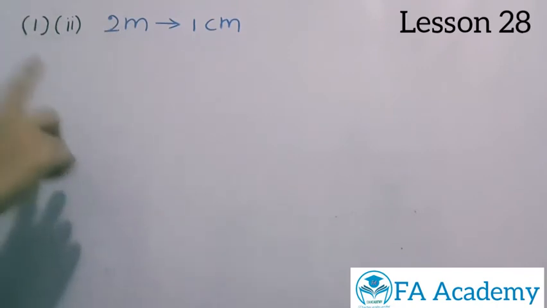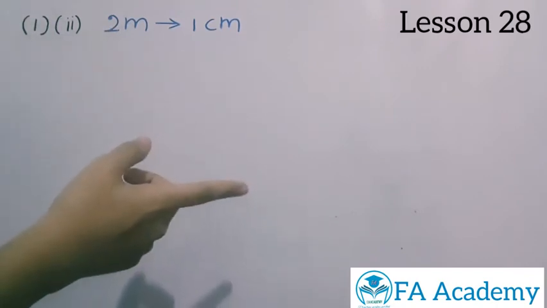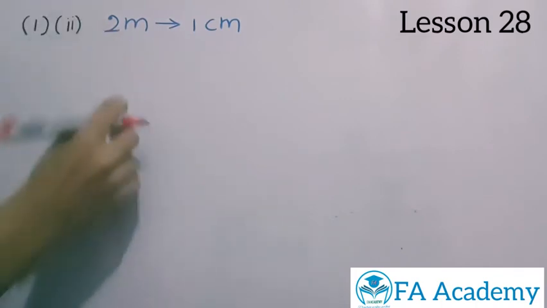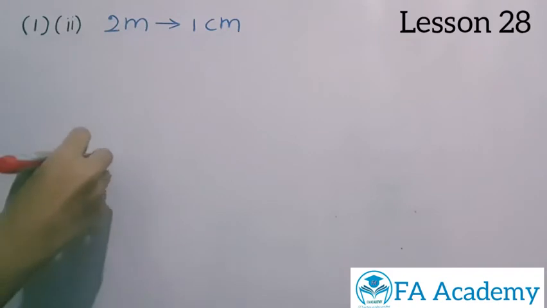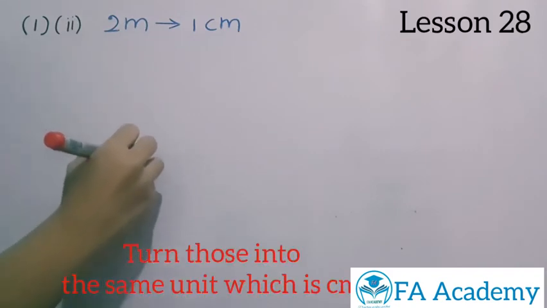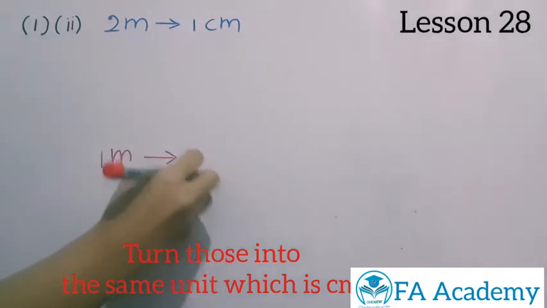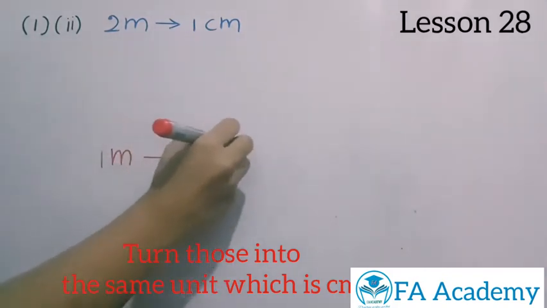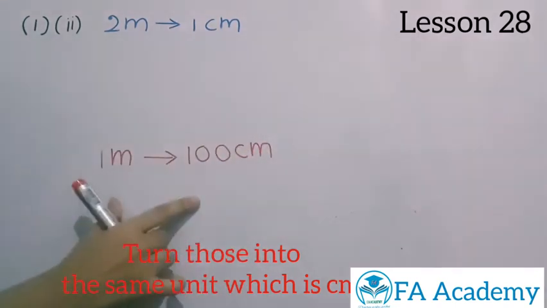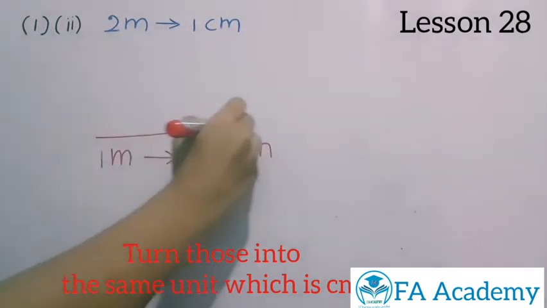So to convert meter to centimeters, what you have to do? You should know this important thing. So you should know that for 1 meter, how many centimeters are there? 100 centimeters. So you should know this one, very important.